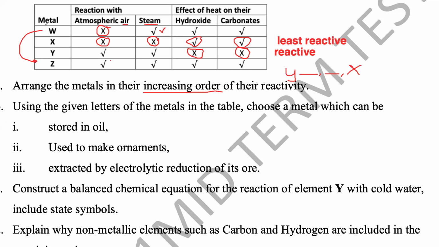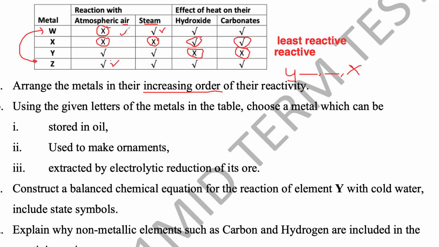So what's going to help guide us is to look at these elements. Z can react with air, but W cannot. Therefore, which one is more reactive than the other?